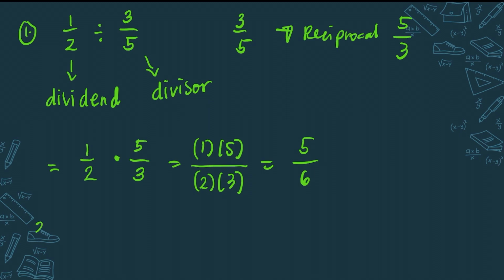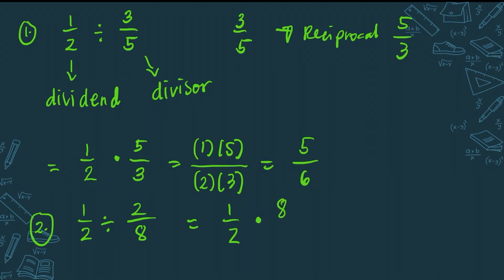So another example, for instance, you have 1/2 divided by 2/8. Again, copy the dividend, change the division operation into multiplication, and then get the reciprocal of the divisor.